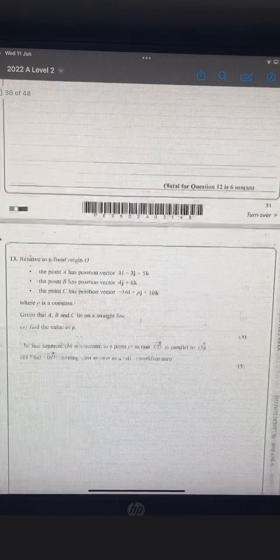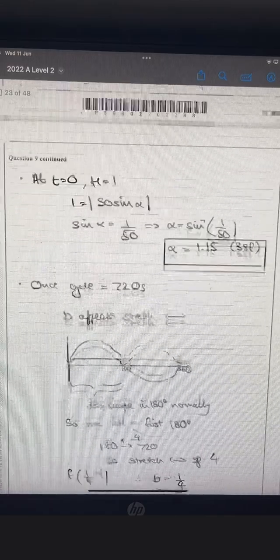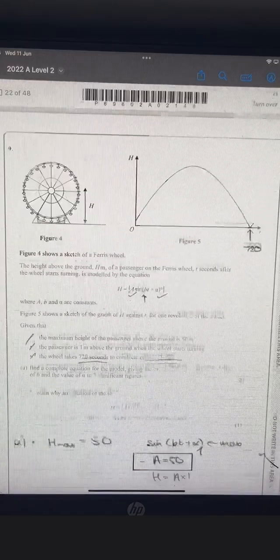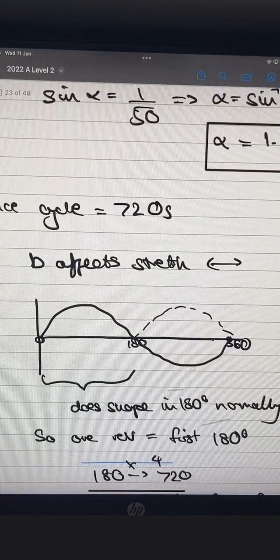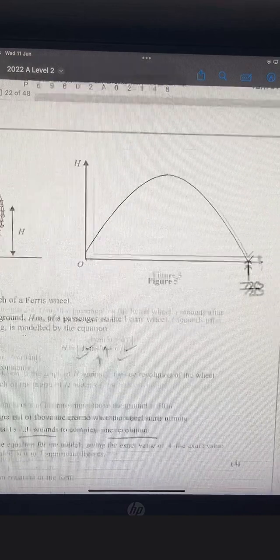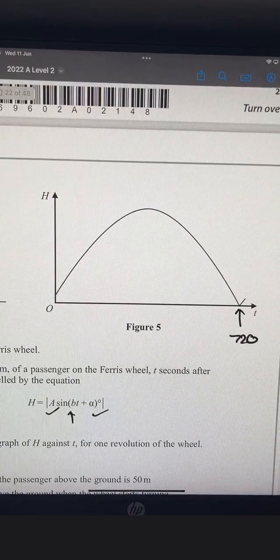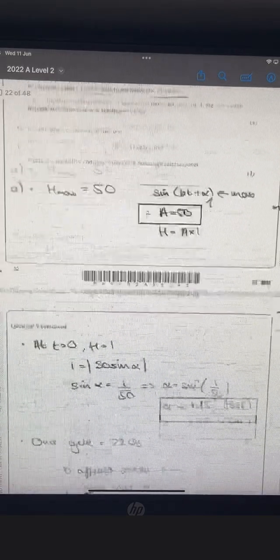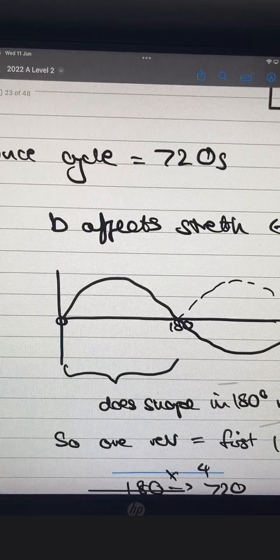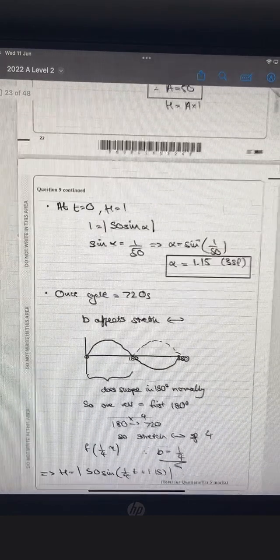How is b 1/4? All right, so if I just show you up here, I mentioned we're stretching the normal sine graph, which is here, and I've done the modulus, so this b is jumping up, and then this is what the graph looks like now for one revolution, Yusuf. So it's telling me that that's being done in 720 seconds, because that is my third bullet point there. So it's being done in 720 seconds, but that first bounce is normally done in 180. Well, what is that transformation doing?